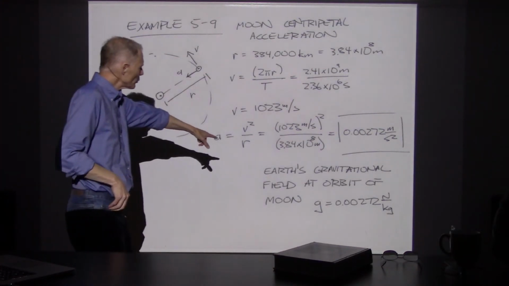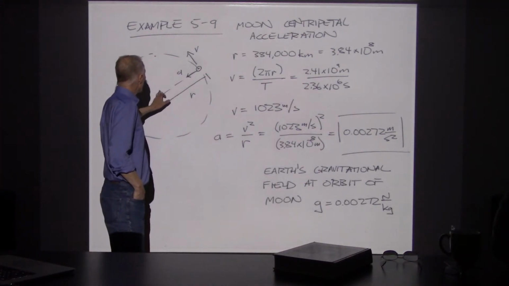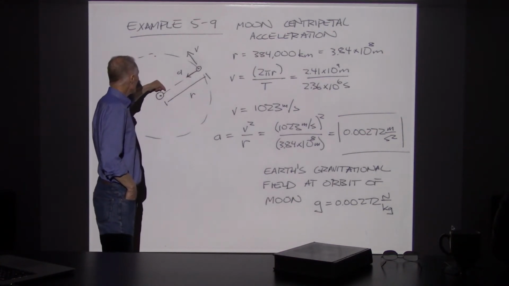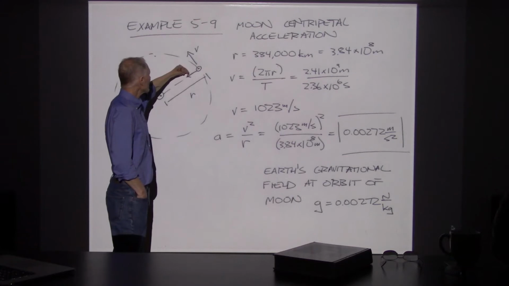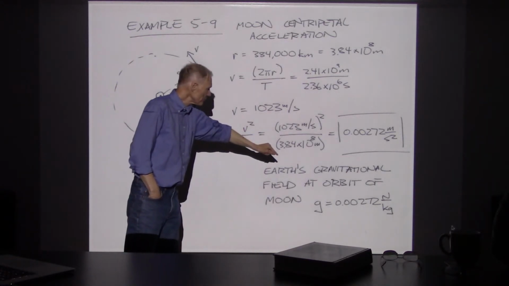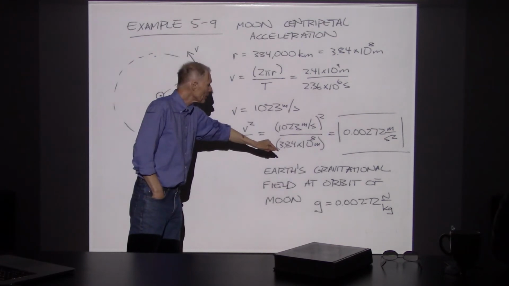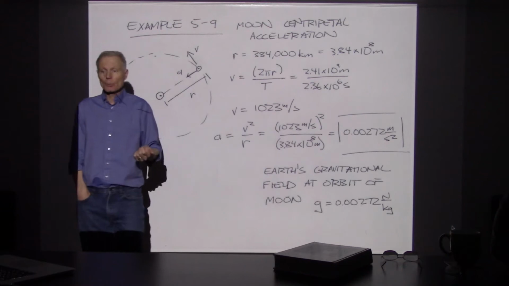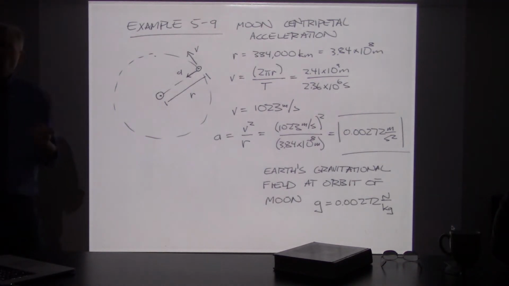What's the gravitational field of the Earth once we get way out here? Well, the gravitational field of the Earth gets weaker and weaker. But what we know is that the gravitational field of the Earth at the location of the Moon is what's creating this acceleration, the force that's holding the Moon in a circular motion.